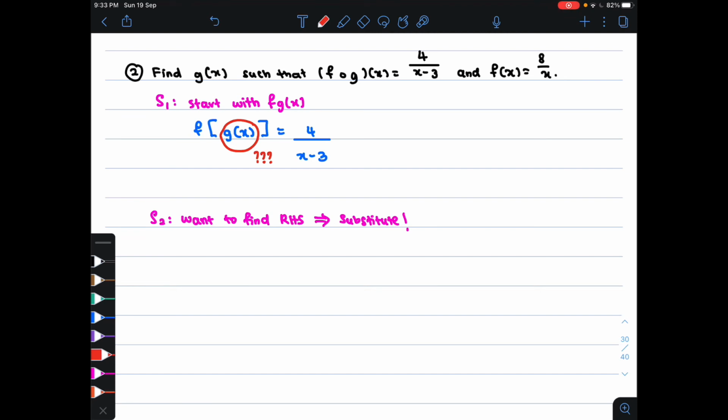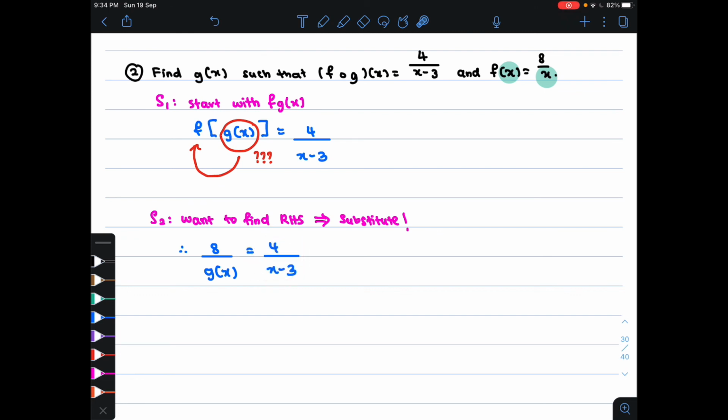So, kamu nak substitute apa ke dalam apa? Basically, kamu substitute saja gx ke dalam fx. So let's look at fx. If this is x, this is also x. But now we want to find f gx. So basically kamu gantikan x ni, tukar dia jadi gx. So f gx will now become 8 over gx. 4 over x minus 3 kamu salin balik.